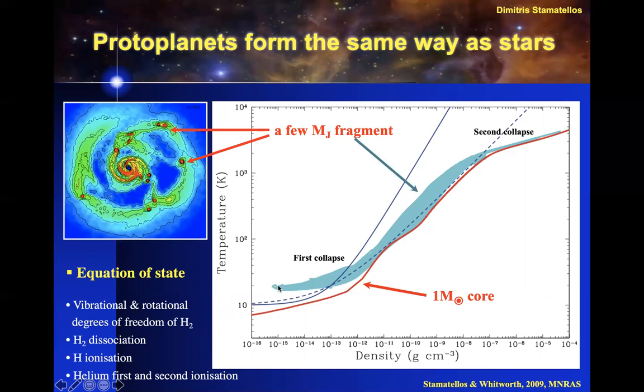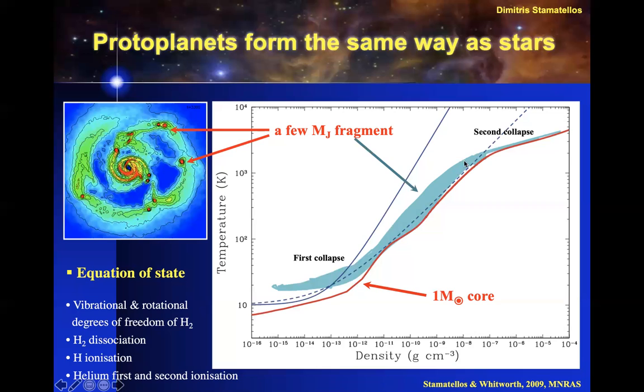the collapse is more or less isothermal. The fragment is optically thin, so energy provided by the collapse is radiated away. And then at around this density, 10 to the minus 12 grams per cubic centimeter, the fragments become optically thick and they start to heat up.